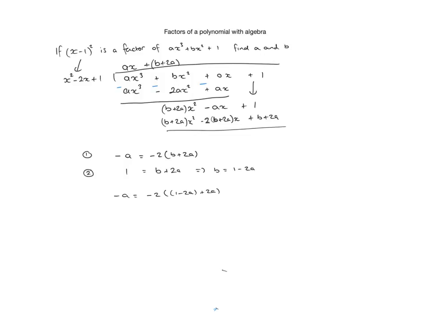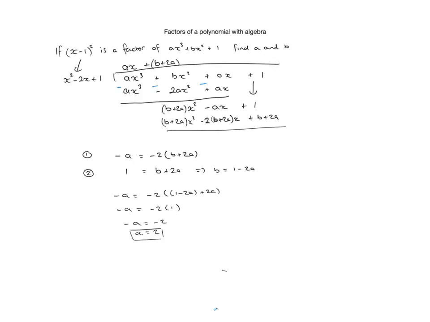Now we're going to solve for a. I've got minus a is equal to minus 2, and we get the bracket: 1 minus 2a plus 2a, so that's just 1. And minus a is equal to minus 2, so a is equal to 2. We now have one of the answers.